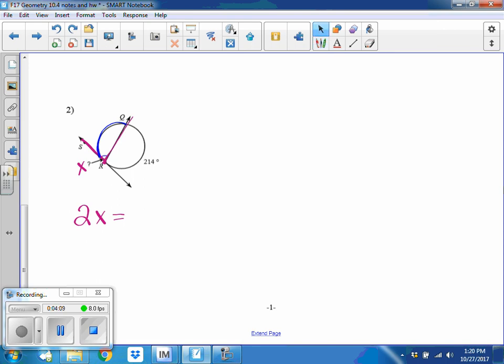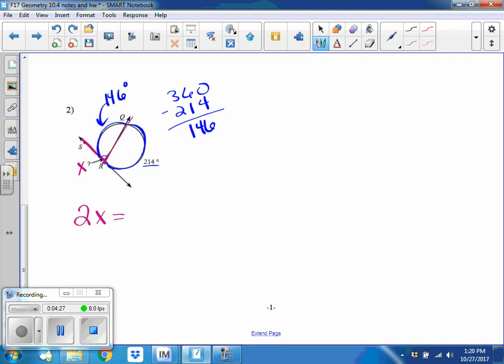So to find this piece, I say 360 minus 214, because the rest of the way is 214. 360 minus 214 is 146. So this right here is 146 degrees. For my equation, I have 2x equals 146. We'll divide by 2, and x equals 73 degrees. So that angle is 73 degrees.